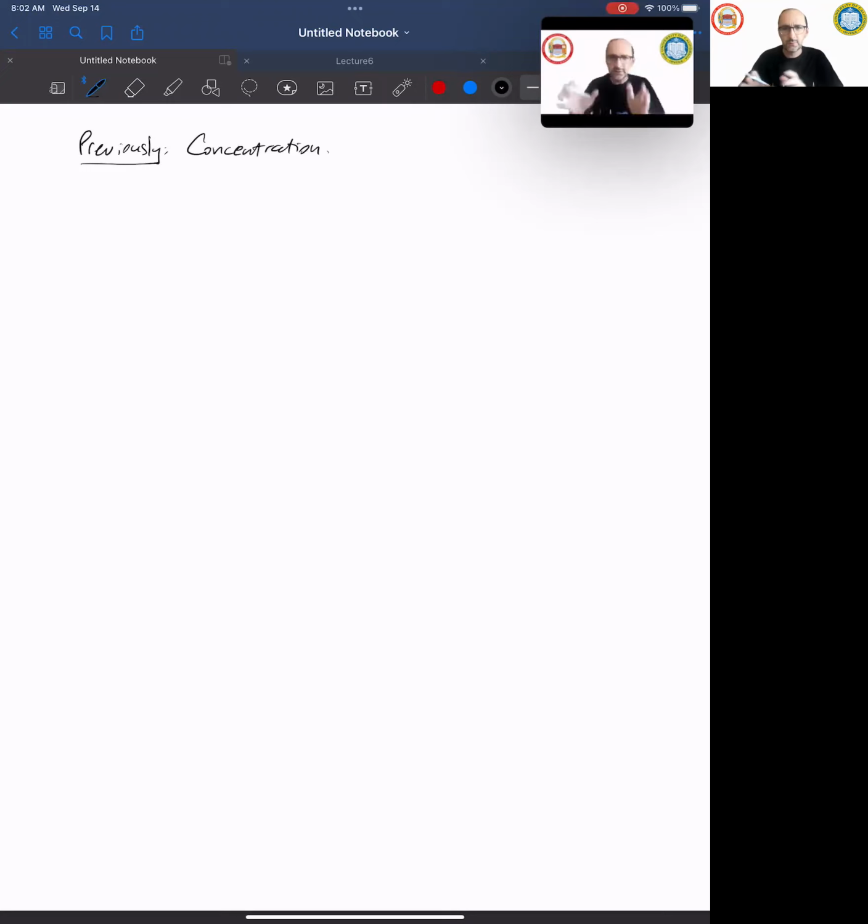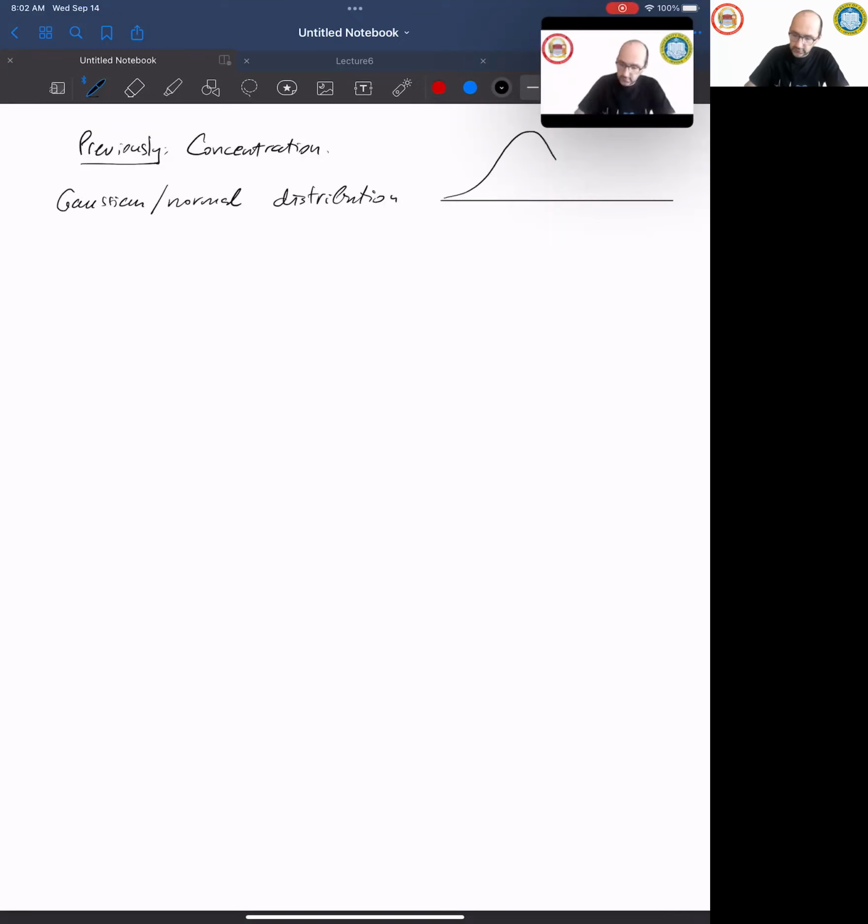Here is the logic of what's happening here, really. The Gaussian or normal distribution is very nice. As you know, the curve is beautiful. The density of it is so nice.